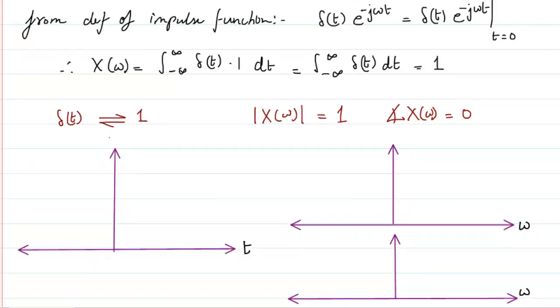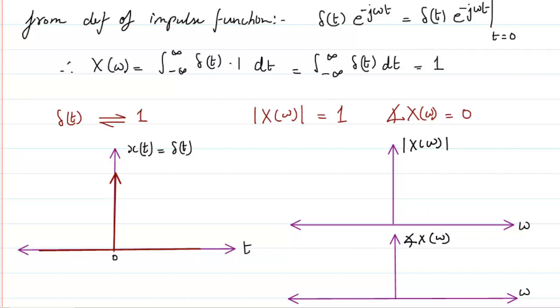So in the time axis, this is x of t, and we know that it is equal to delta t, and we know how to draw delta t, correct? We draw it like this, and we also plot the magnitude of x of omega and the angle of x of omega, correct?